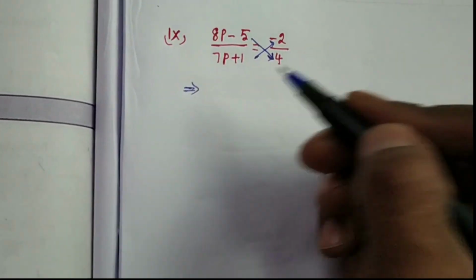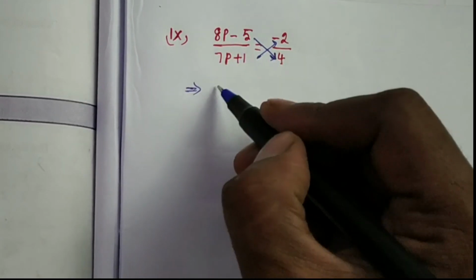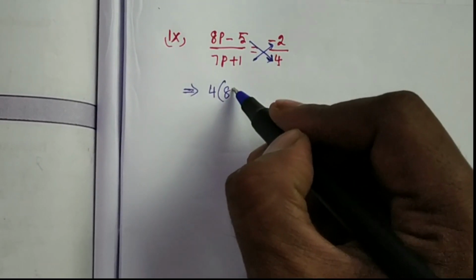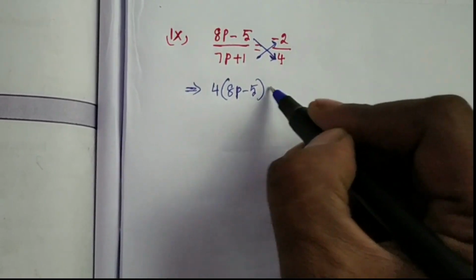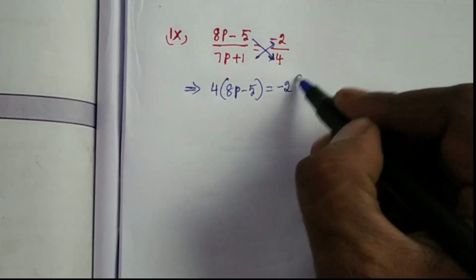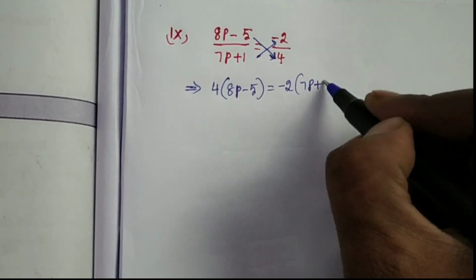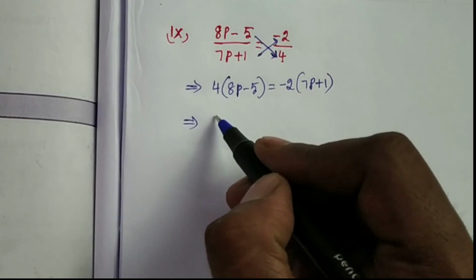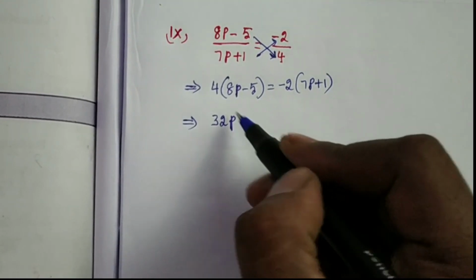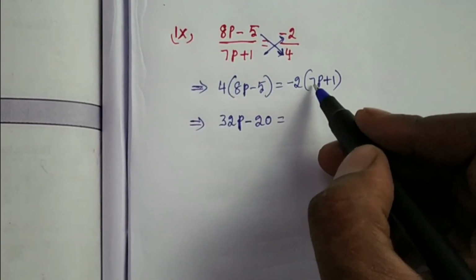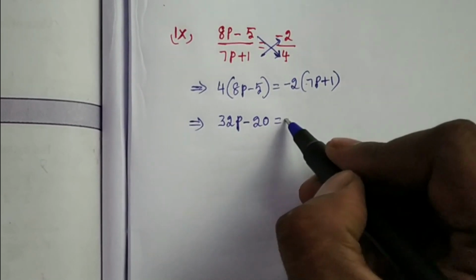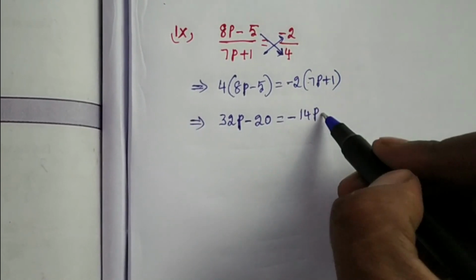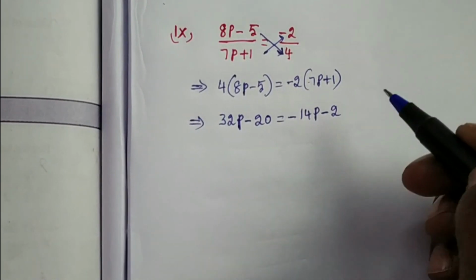that implies this denominator and this side, it will multiply 4 into (8p minus 5) is equal to minus 2 into (7p plus 1). Simplify it. 4 into 8p, 4 8s are 32p, plus into minus, minus 2 7s are 14p, minus into plus, minus 2 1s are 2.